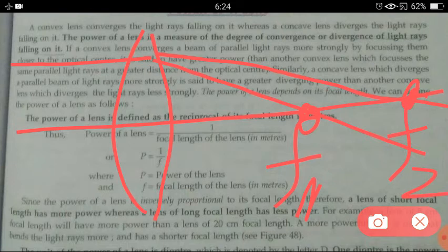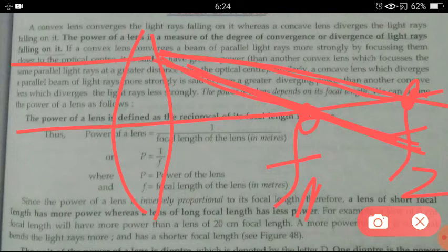Now you tell me in which case the bending is more. Obviously in the case when the light ray is passing through f1. In this case bending is more in comparison with the other case. So when the focus is close to the lens, the light will bend more, but when the focus is away from the lens, the bending is less.